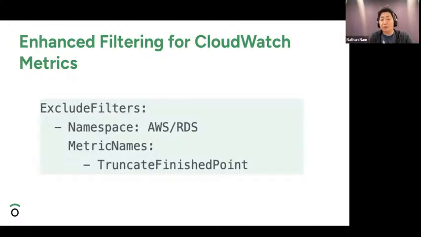The new integration provides a granular filtering option, allowing customers to use a custom filter to specify which AWS services, like EC2, RDS, or Lambda, and which metric names to include or exclude. For example, on this page, this filter excludes the TruncateFinishPoint metric from RDS instances. So you can customize this filtering with granular control.